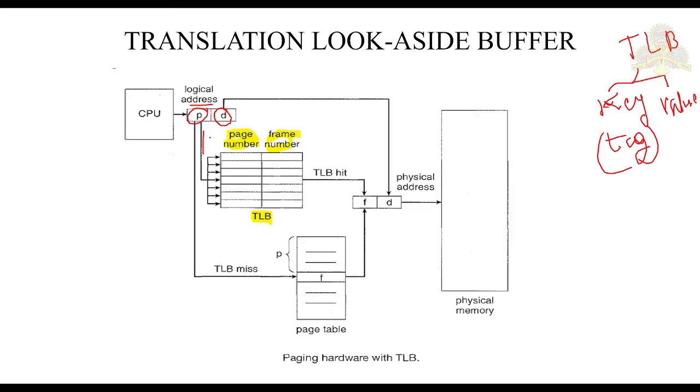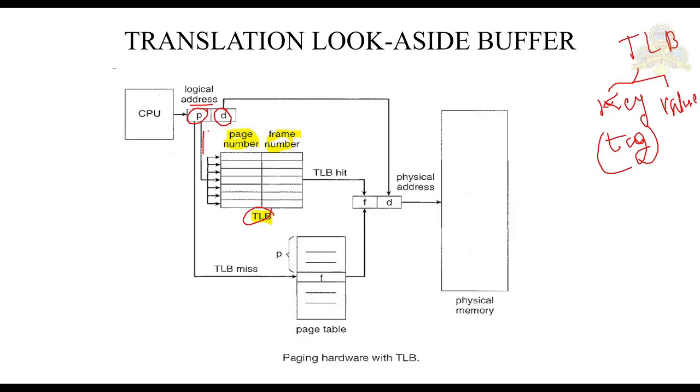First your operating system searches the page number in this translation lookaside buffer. If the particular page number is present, its corresponding frame number also will be obtained.